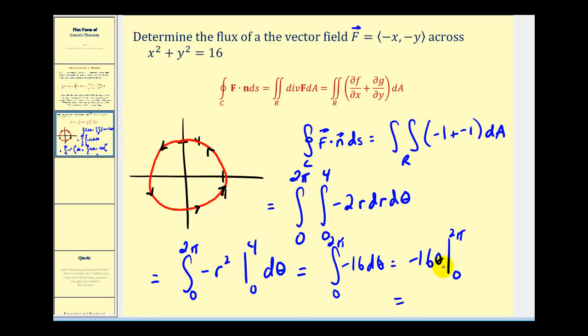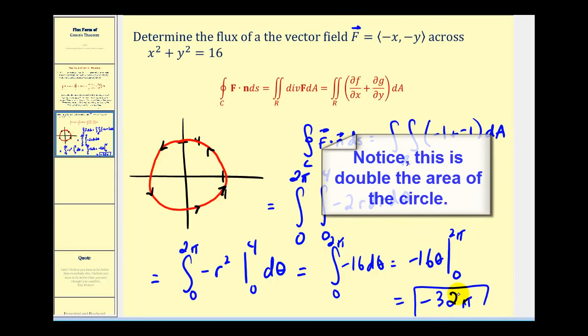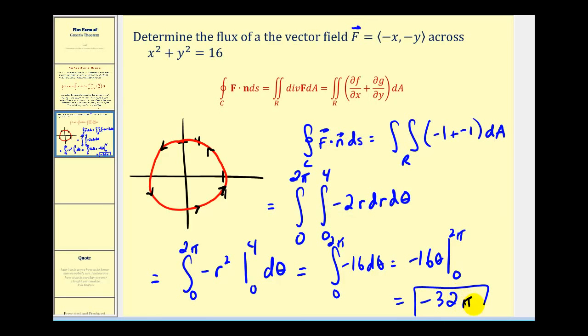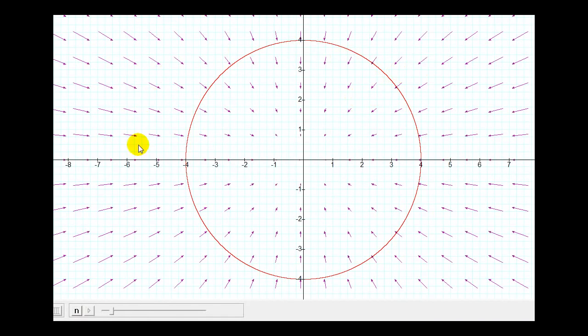So subbing in 2 pi, we're going to get negative 32 pi, and when theta is 0, we have 0. So our flux is equal to negative 32 pi. And again, because the flux is negative, it does verify that our flow should be inward across this circle. And again, if it was positive, the flow would be outward.